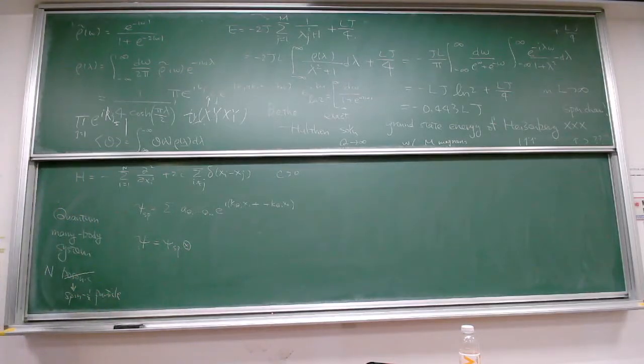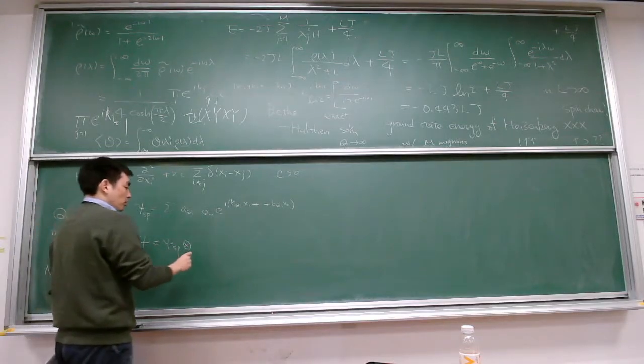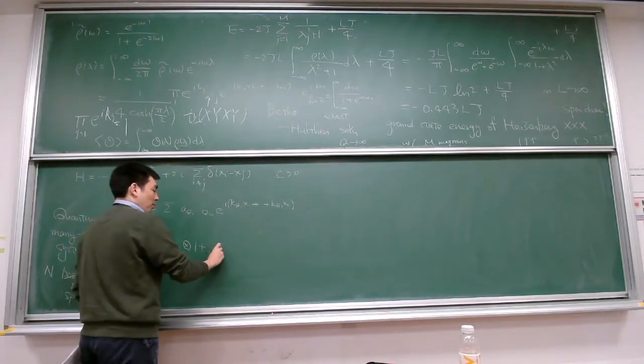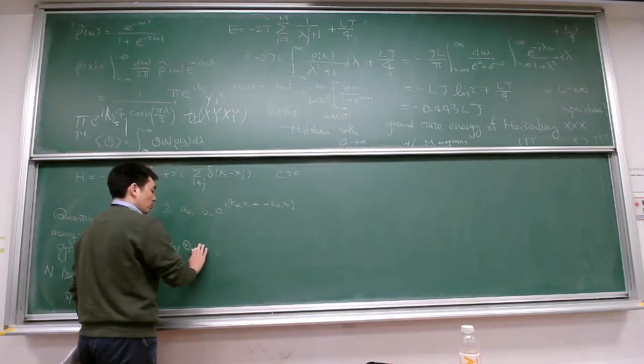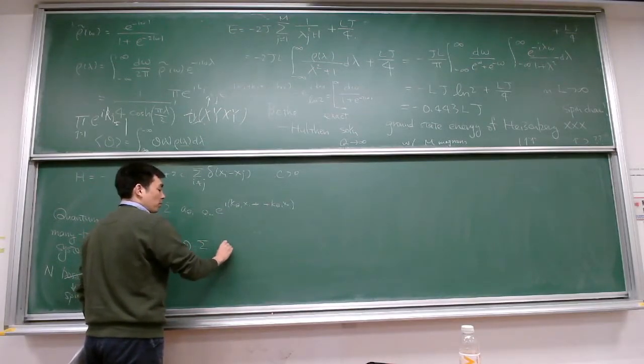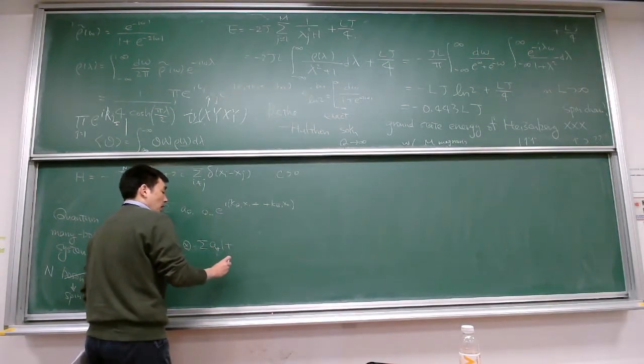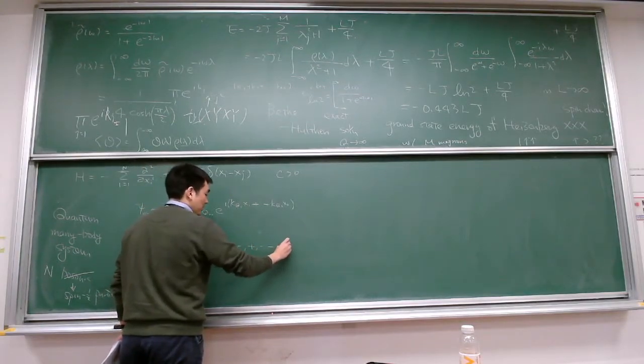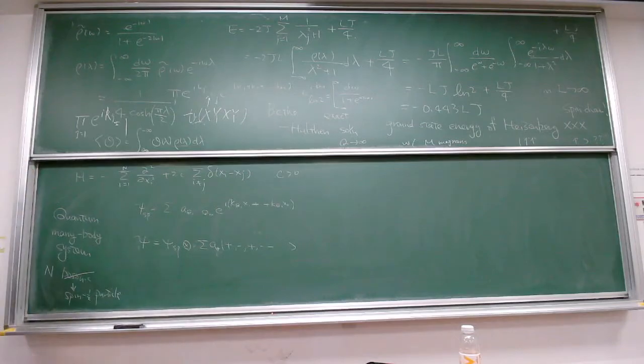You have spin up and down, so you have a linear combination of up-down states. So you have internal degrees of freedom. That's the difference between bosonic and fermionic, and it makes things much richer.